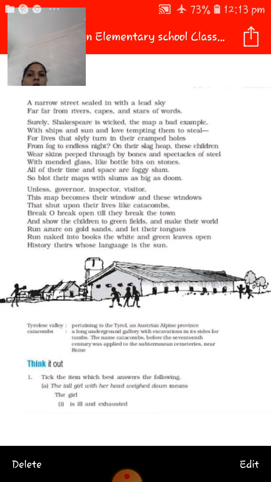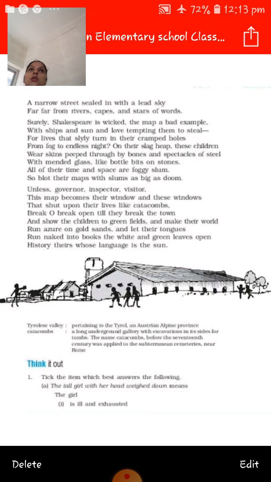So here the poet of this poem tries to convey that seeing this map, governor, inspector and visitor will visit them, and the map will be their window.